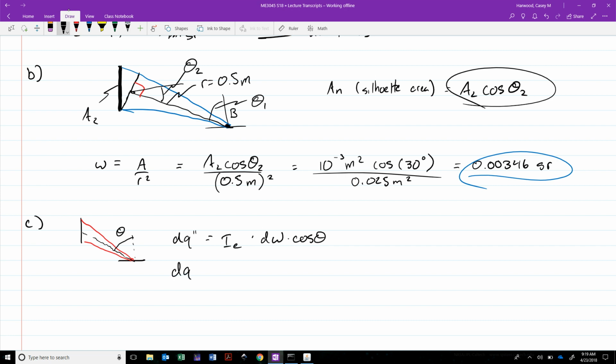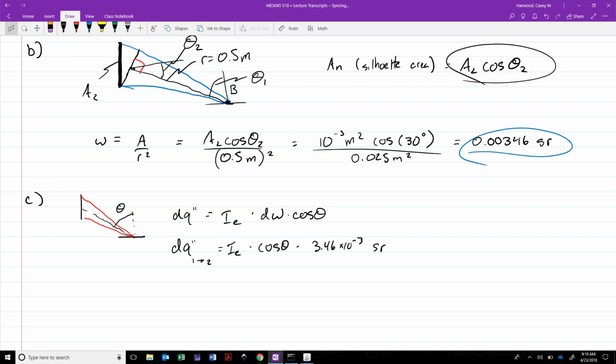So we could say dq from 1 to 2 is our I_E times cosine theta times our 3.46 times 10 to the negative third steradians. And what we need to do then to figure out how much total energy is simply to integrate this over the surface area of the emitter.